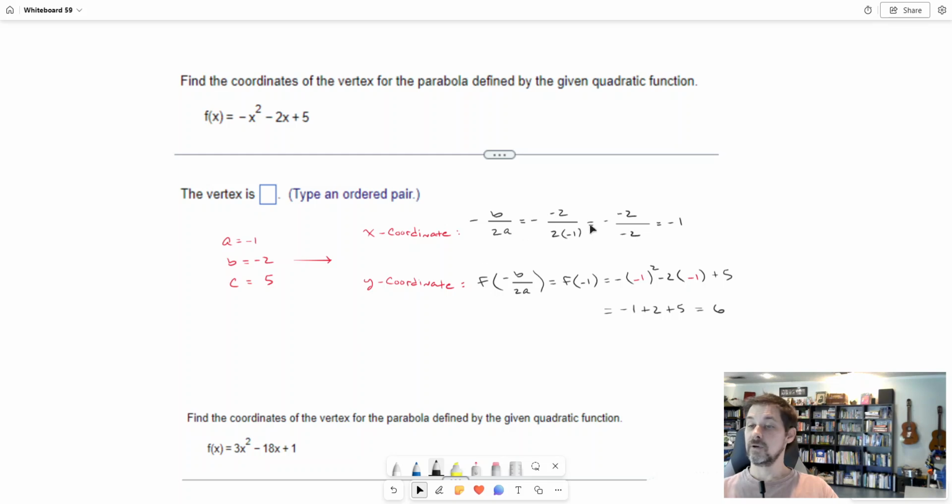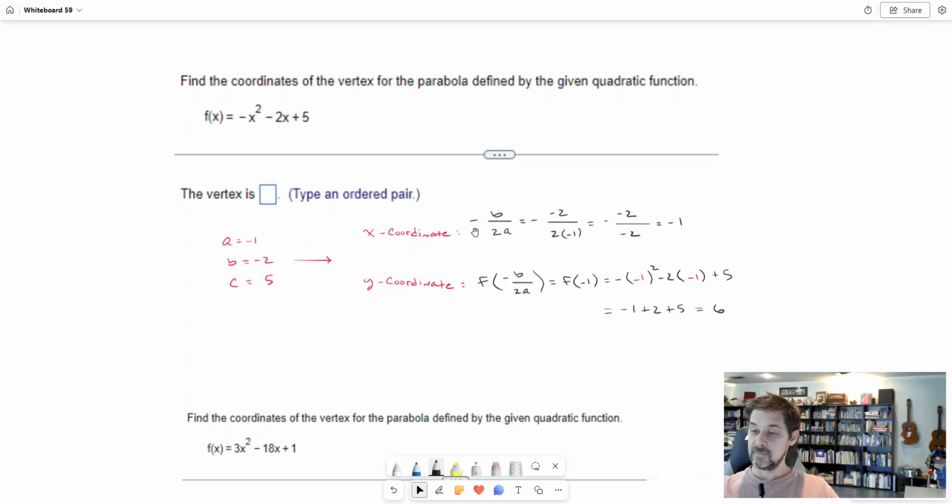And then here were those formulas. To find the x-coordinate of the vertex, it's negative b over 2a. Now look, there's a couple of negatives happening all at once here. There's a negative included with this formula: it's negative, then b divided by 2a.